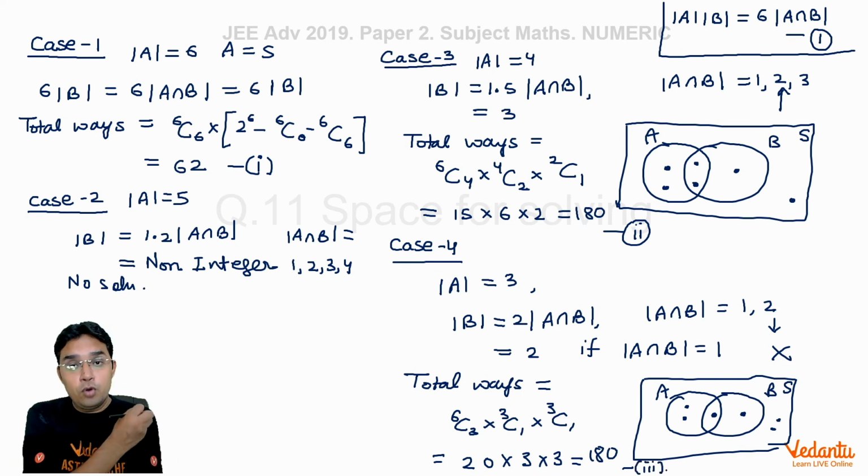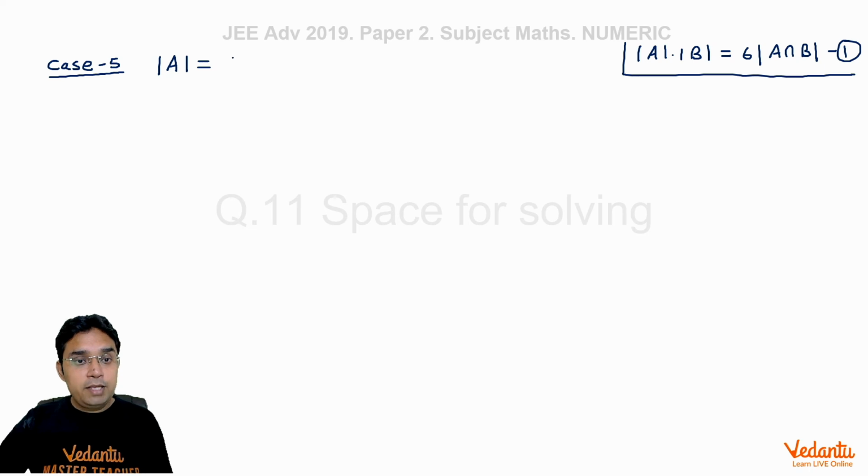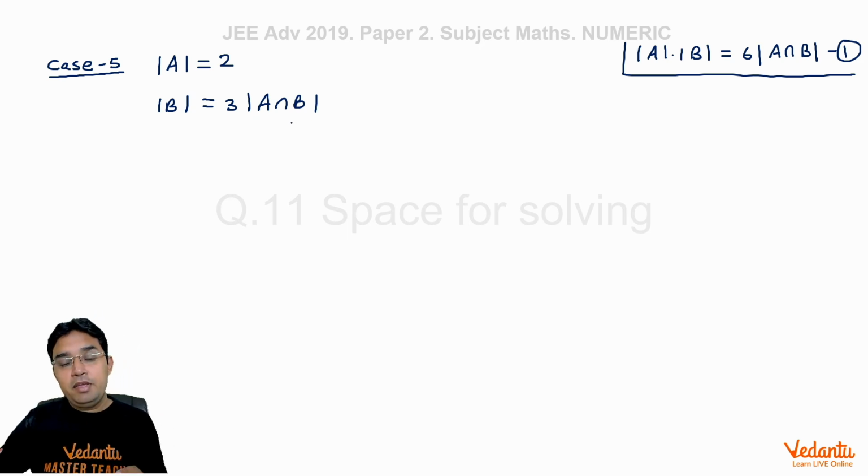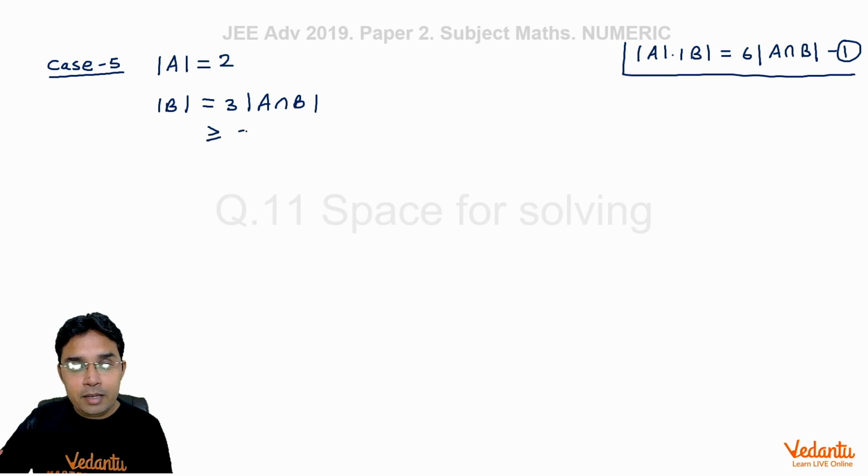Okay, so these are 4 cases. There is one more case when A can have 2 elements, and in this case, number of elements in B will be equal to 3 times number of elements in A intersection B. Now, if A intersection B has even 1 element in it, then B will have 3 elements or more, and if A intersection B has 2 elements, B will be a bigger set.